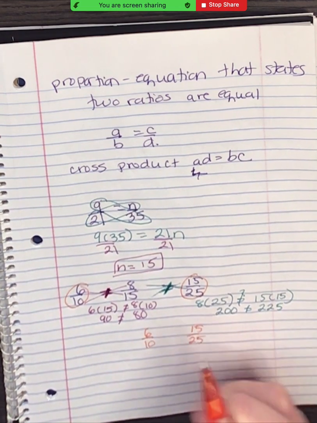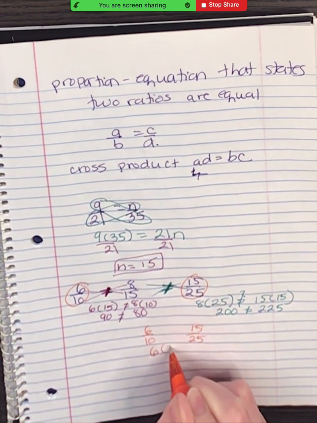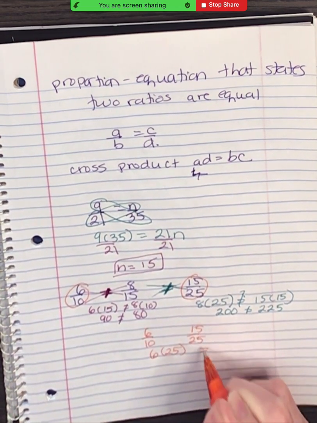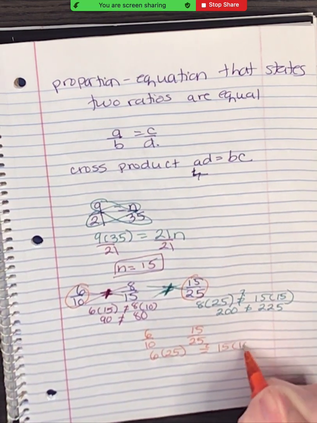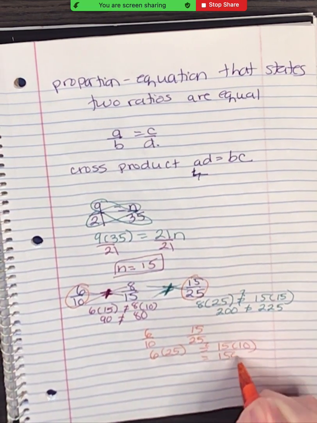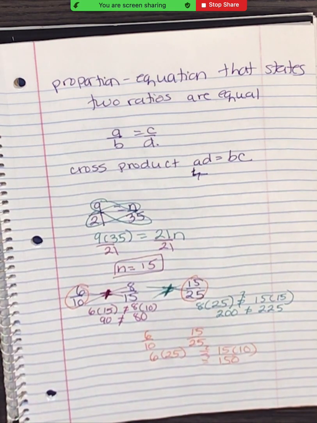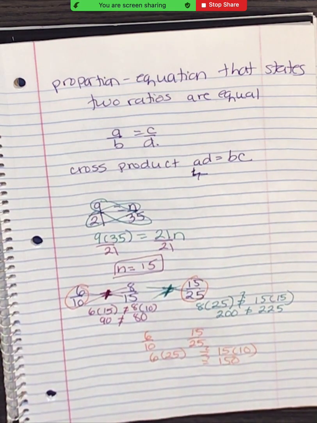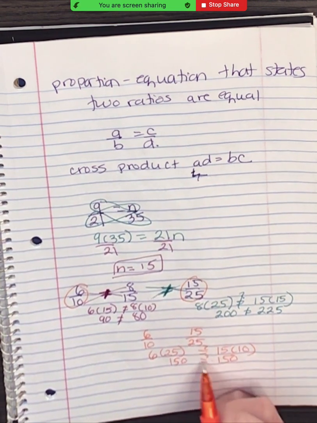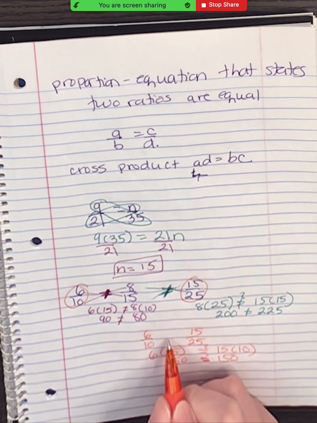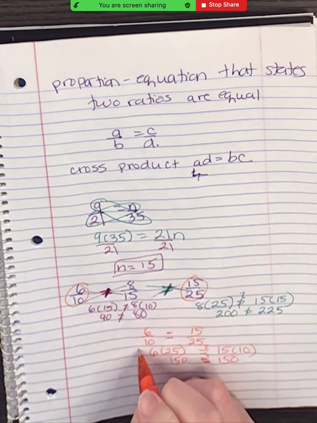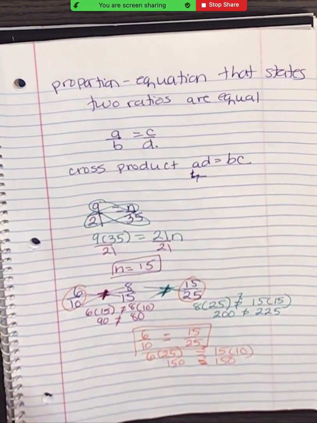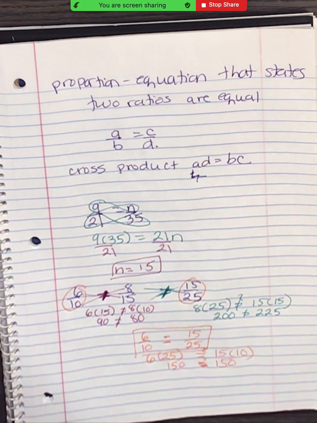So check the cross product. 6 times 25, does that equal 15 times 10? So 15 times 10 is 150, and 6 times 25 is 150. So they are in fact equal. So the proportion 6 over 10 equals 15 over 25. Okay?